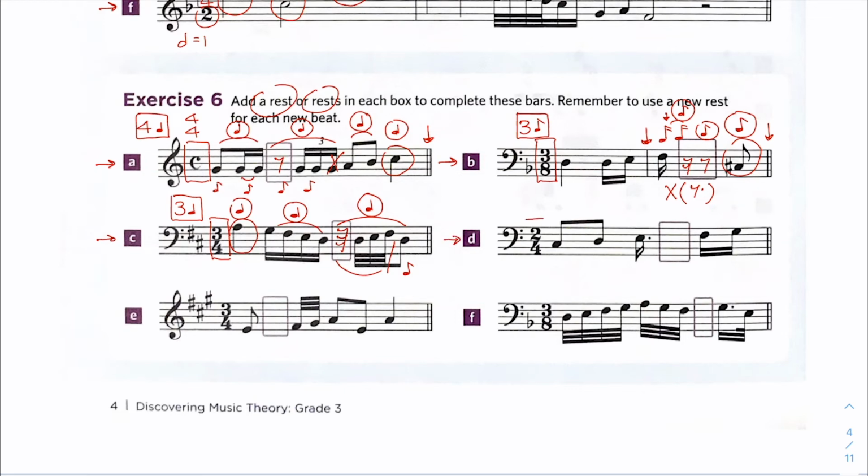Question D, 2/4 time, which means 2 crotchet beats in a bar. There is only 1 bar here. The first 2 quavers make 1 crotchet, so this is already 1 beat. Then all these together need to make another crotchet, so that will become beat 2. Now these 2 semiquavers make 1 quaver.